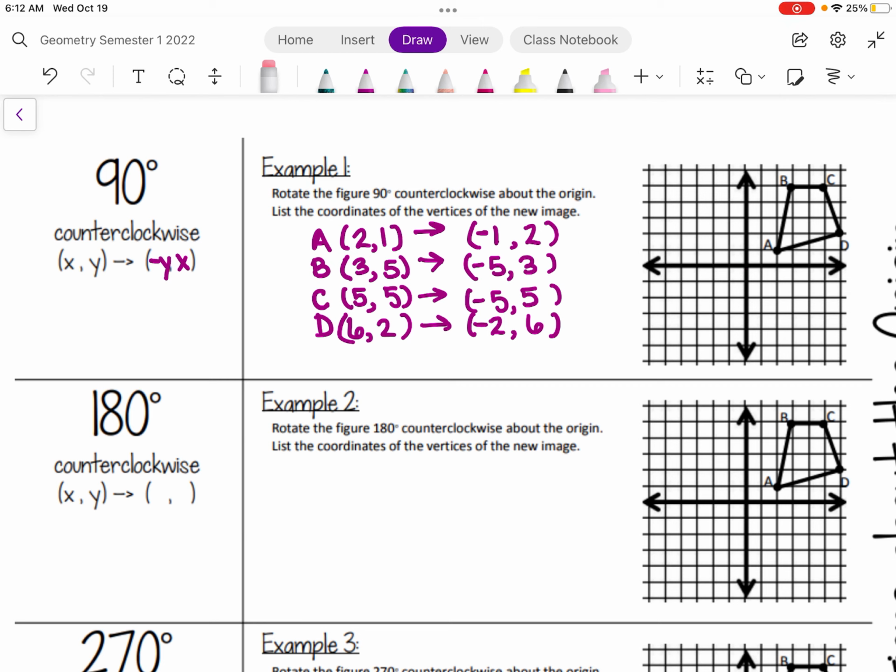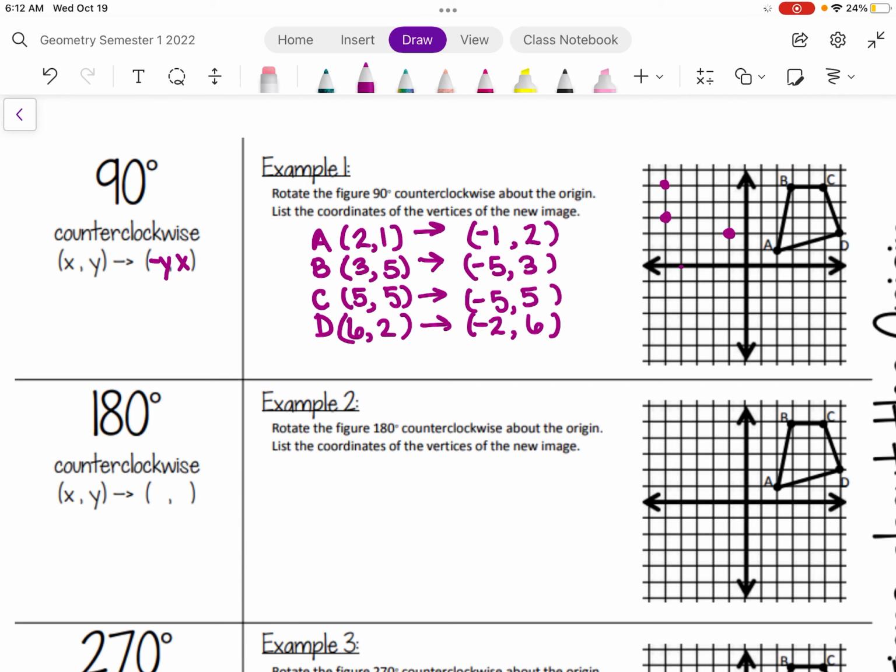So this origin here wasn't part of it. So negative 1, 2 puts me right here. Negative 3, 5 puts me right here. Negative 5, 5 puts me here.